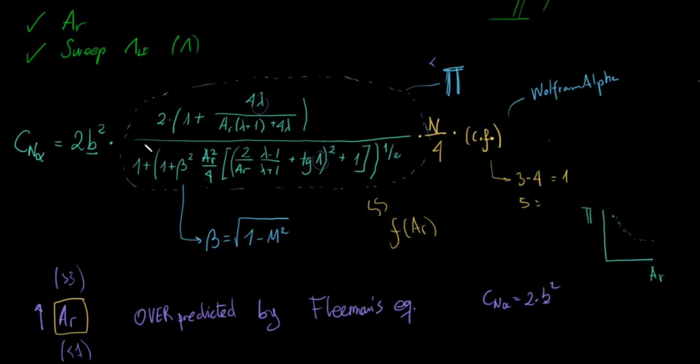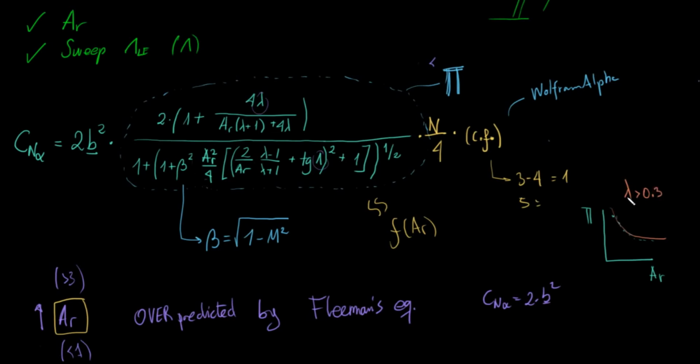So I did a curve fit, to find this pi just as a function of the aspect ratio, because I chose taper ratios that were above 0.3.